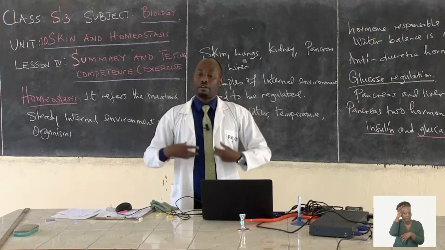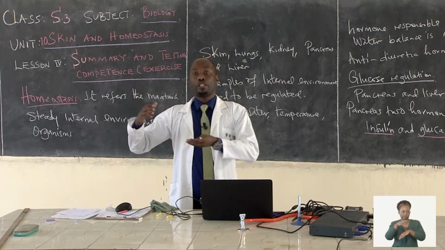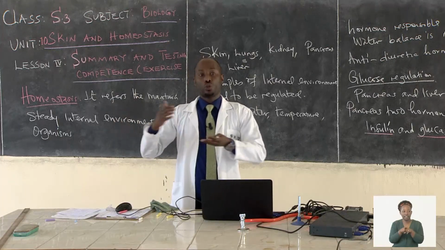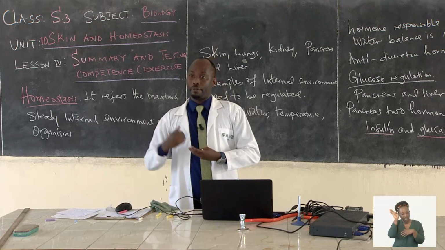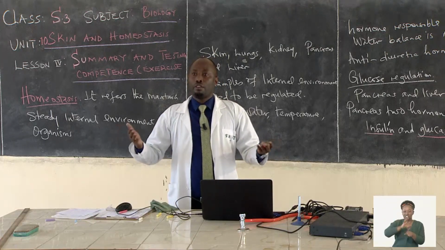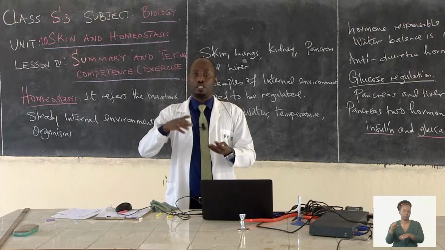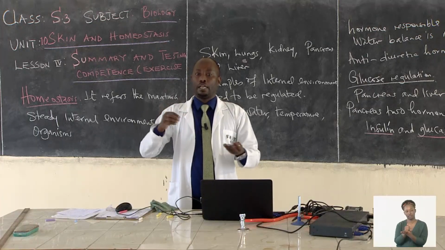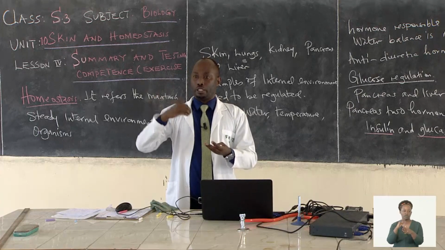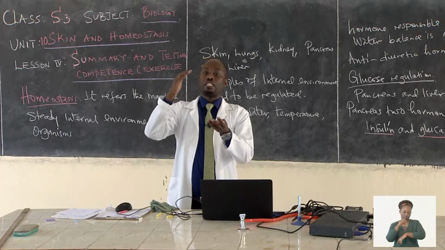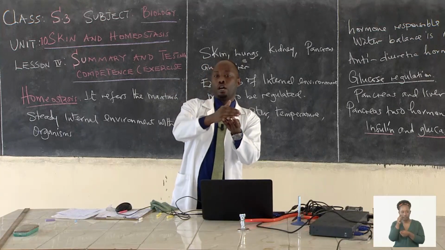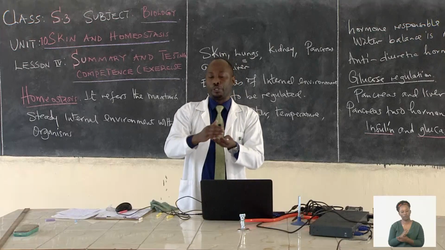A dog's body is covered by fur. When it is too hot, the dog cannot sweat because its body is covered by fur. But how does the dog do it? Have you ever seen a dog opening its mouth? That is panting. In the process of panting, it is regulating its body temperature. That is a behavioral control of the temperature.